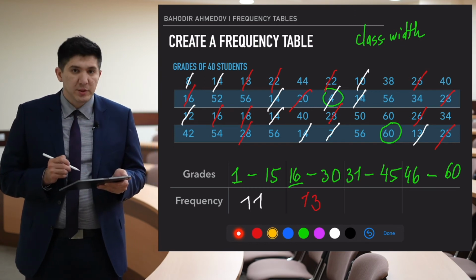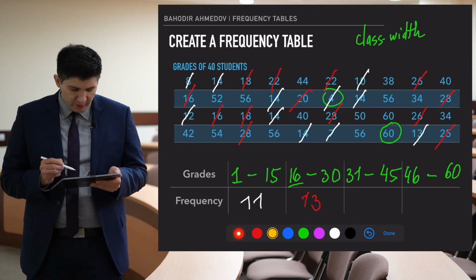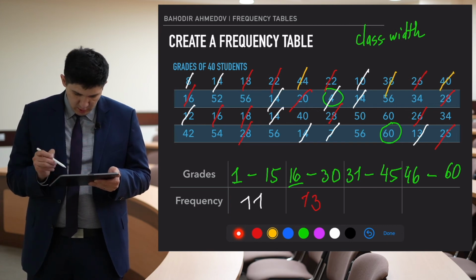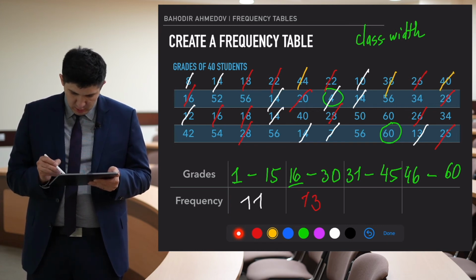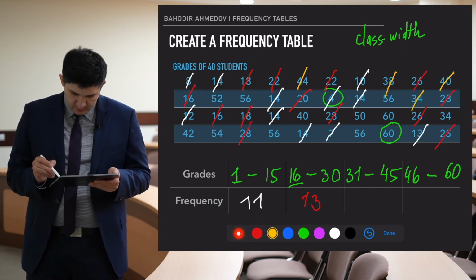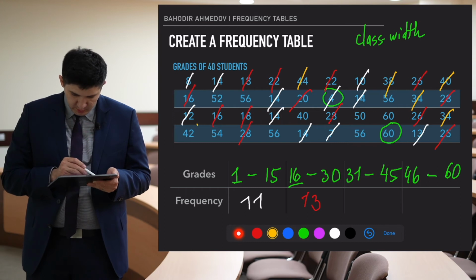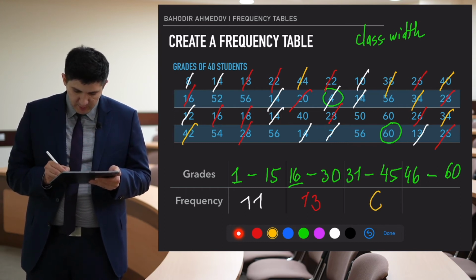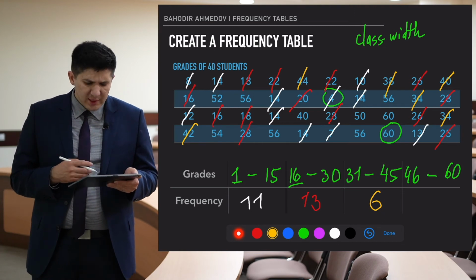Now let's do this for the third class, between 31 and 45. It is going to be 1, 2, 3, 4, 5, 6. There are 6 of them here, and you may guess the last one.